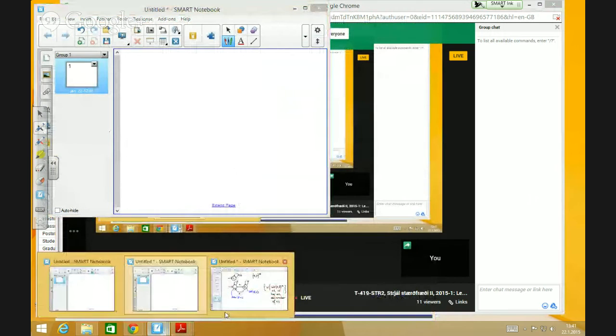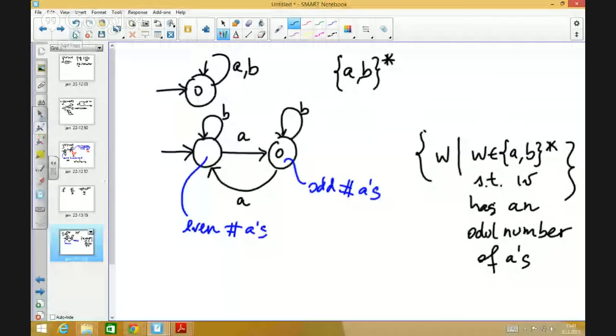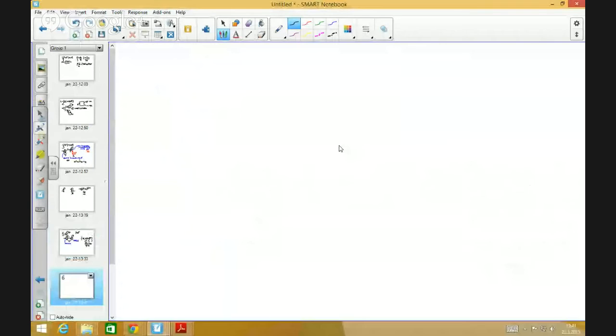I want to use this other one. So I want strings that contain the pattern A, B, B. So there could be something before, something afterwards. These are all the strings that I'm interested in.